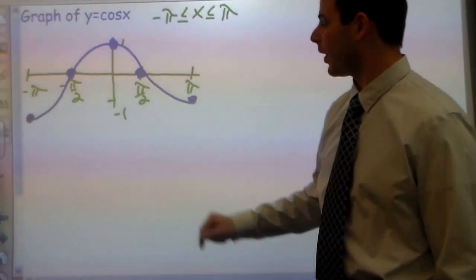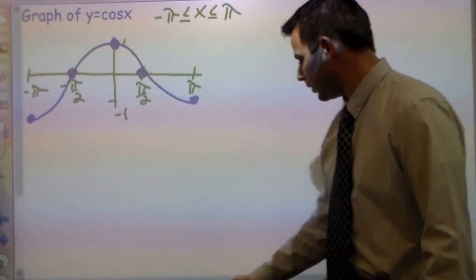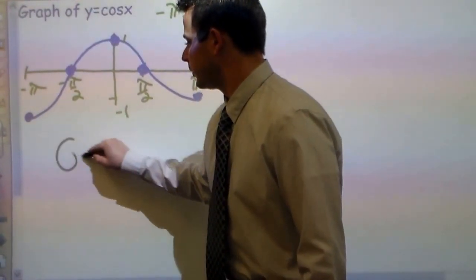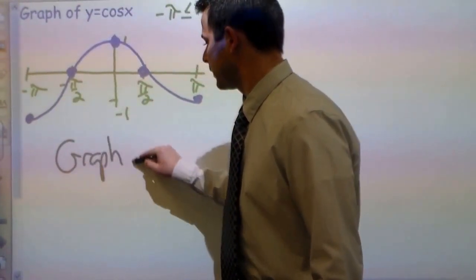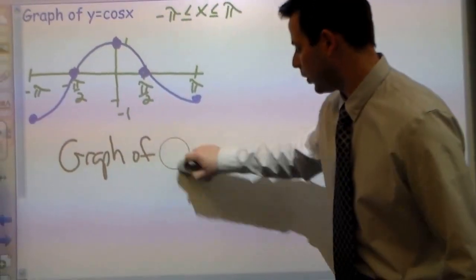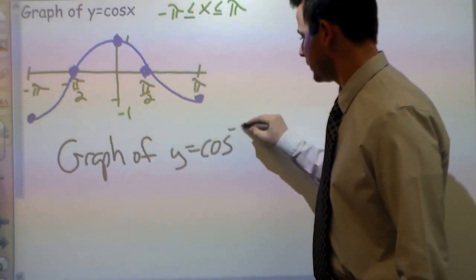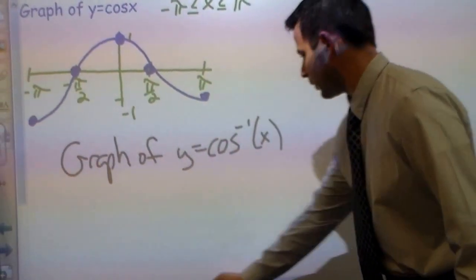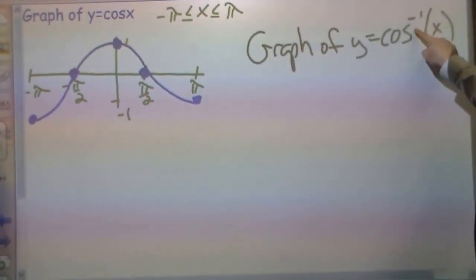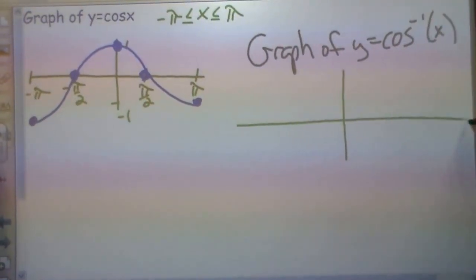And again, we're finding the inverse, so we're going to interchange x and y. So let's take a look at the graph of arccosine, or cosine inverse. Okay, so the graph of the inverse cosine will now interchange x and y.